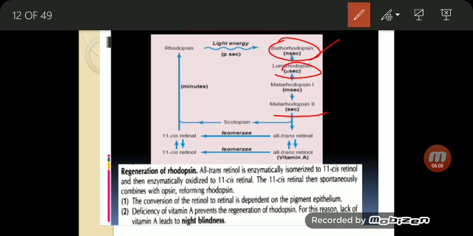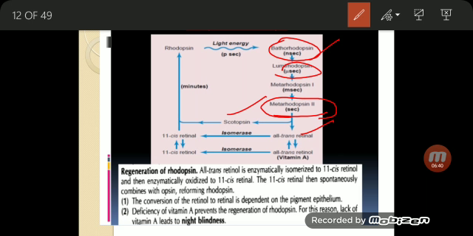This is split into scotopsin and all-trans retinal. This all-trans retinal is converted into all-trans retinol, that is vitamin A, by the enzyme dehydrogenase in the presence of NADH. So this is what happens. This meta-rhodopsin 2 is the activated rhodopsin, since it is helpful in the development of receptor potential in the rod cells.